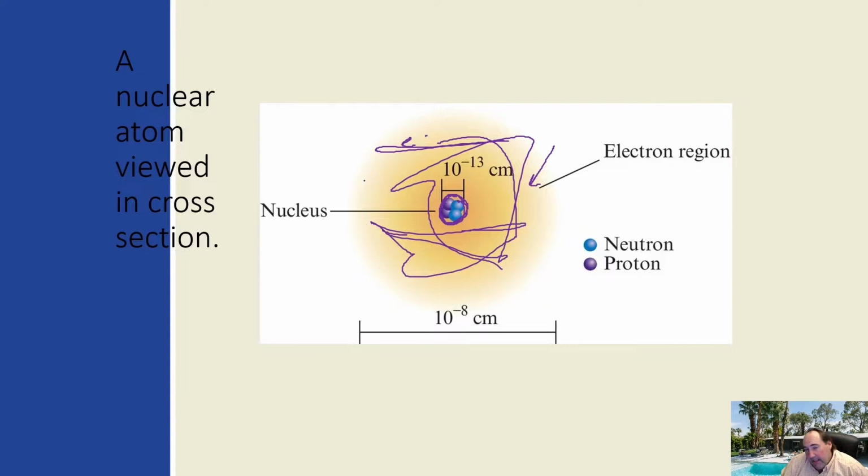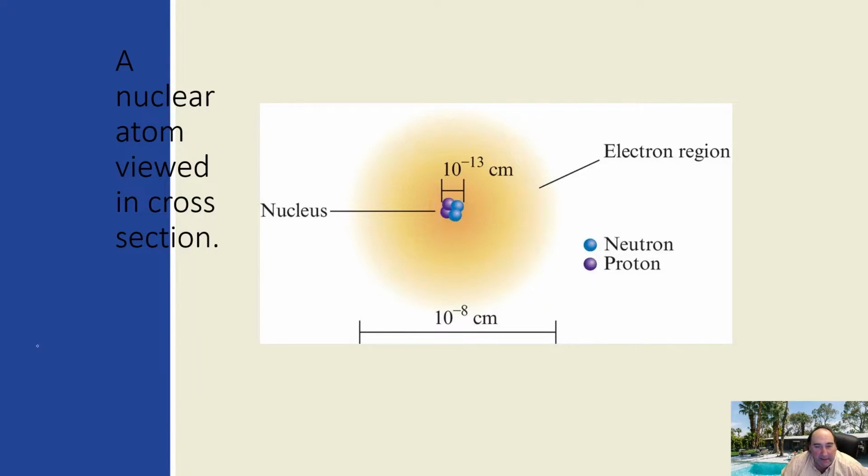You can probably make it out here on the screen, but this darker area of yellowish, I guess, or orange type color indicates a much higher probability, as we'll talk about in a later chapter, of finding an electron.